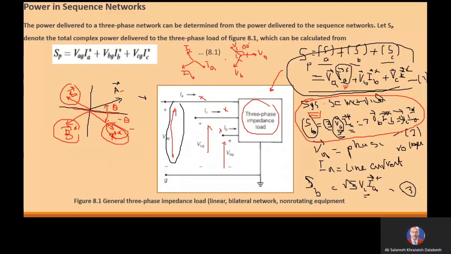These angles are 120 degrees. This is the symmetrical system.